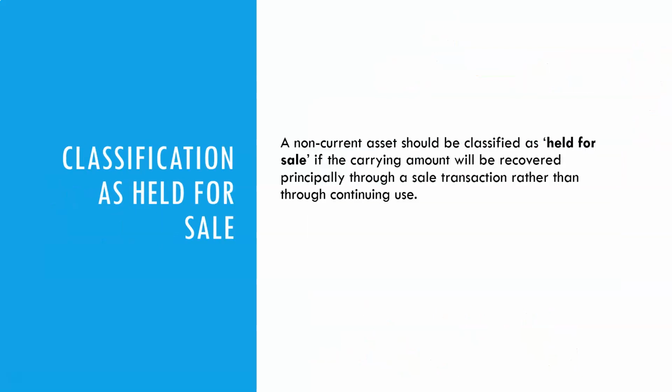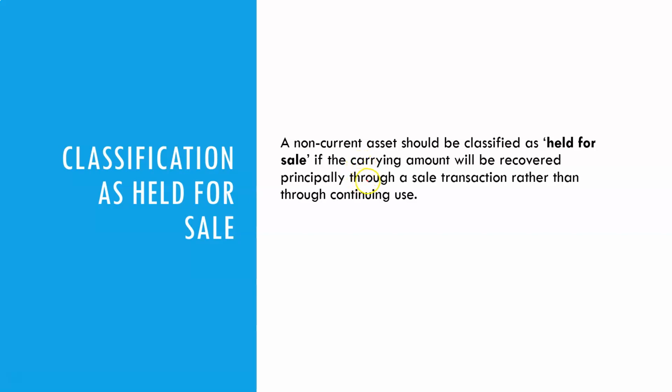Right, what are we saying? When we will no longer use a non-current asset for the purpose of trade, where it serves that definition of what an asset is, something that you control as a result of a past event, and we expect future economic benefit to flow in, but that's no longer the case.